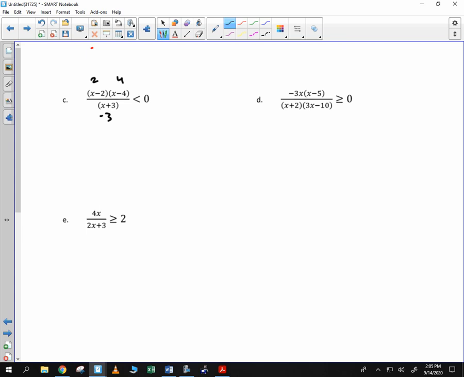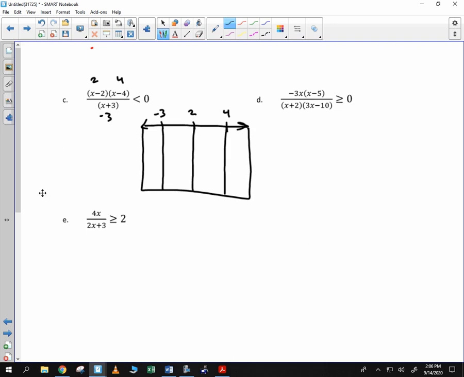Once I have the top and the bottom equal to 0, I take those numbers and I plot them on the number line. I plot -3, I plot 2, and I plot 4. However many things you have on top, you're going to have one more column, and you will have exactly that many rows.